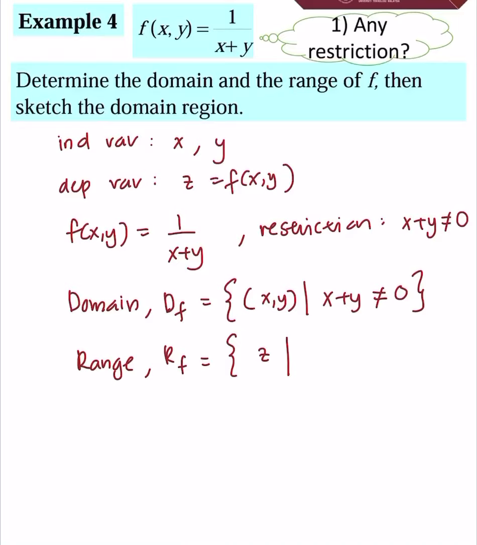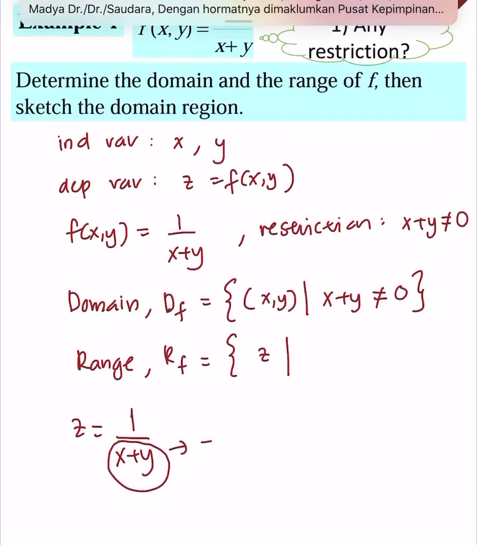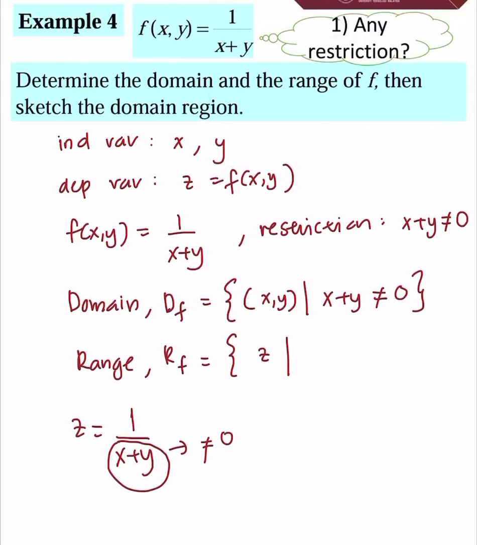No, right? Because we have z equal to 1 over x plus y, and x plus y cannot equal 0. So it can be 1 over a negative value, and 1 over a positive value. It can be negative, it can be positive, but it cannot be 0.